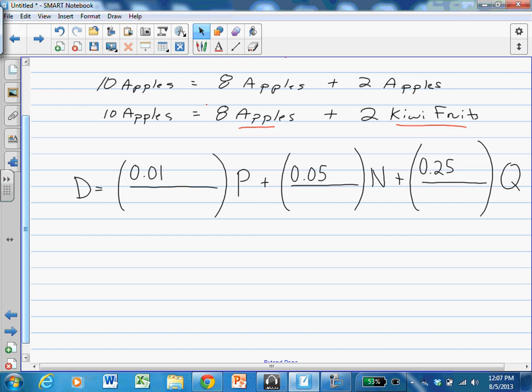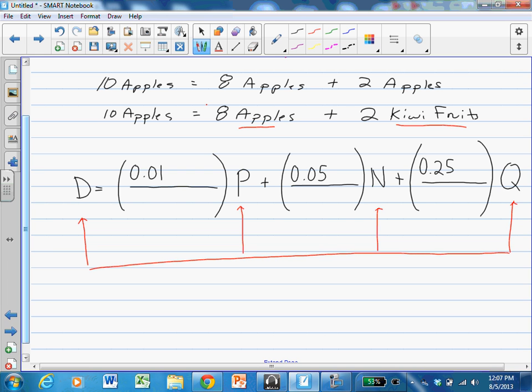So D, P, N, and Q are variables. And 0.01, 0.05, 0.25 are numbers or constants in this.